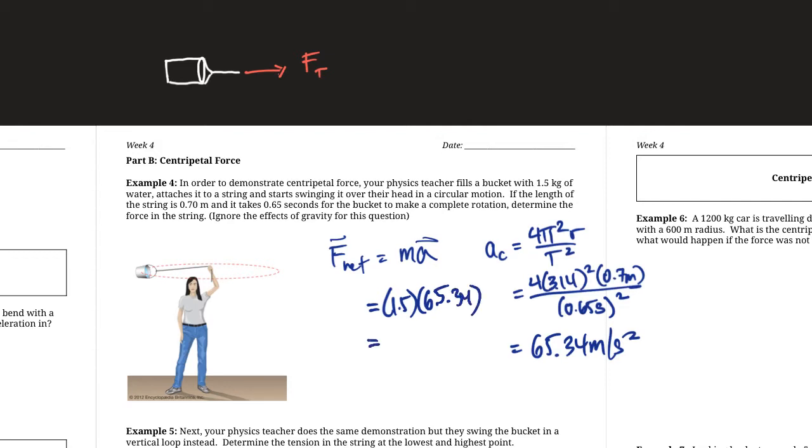So our net force should be 98.01, and that's newtons. So that's the net force. And since the only force that's acting on this bucket that we care about is the force of tension, that must mean the net force is equal to the force of tension. It has to be, because that's the only force.